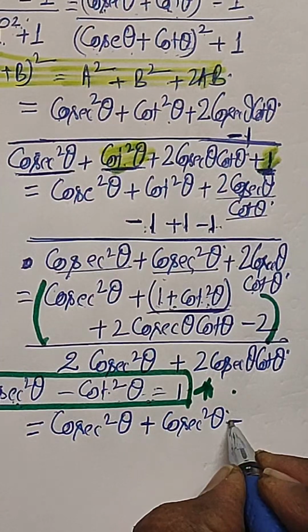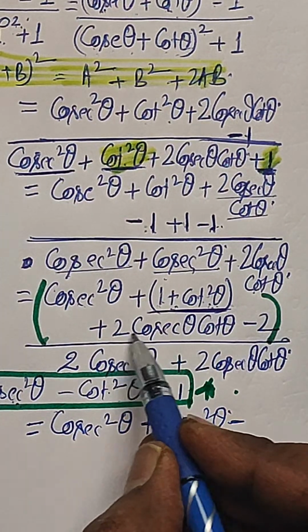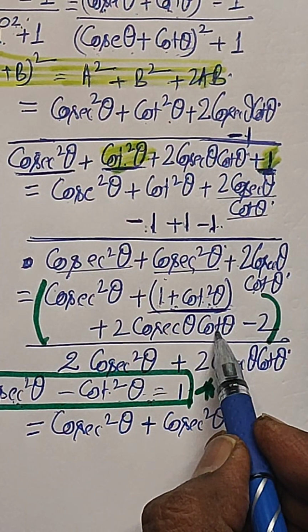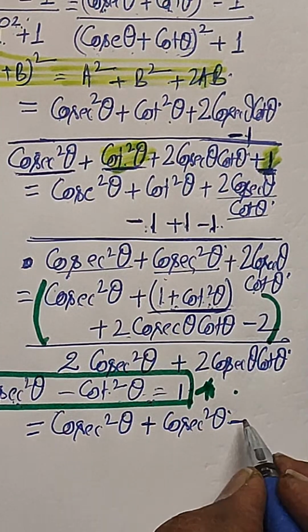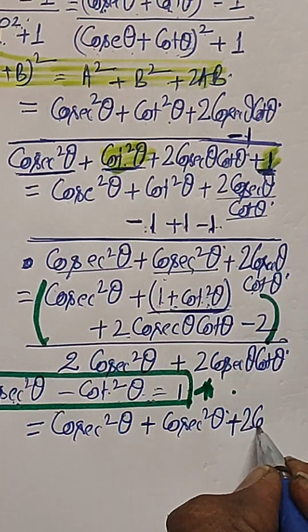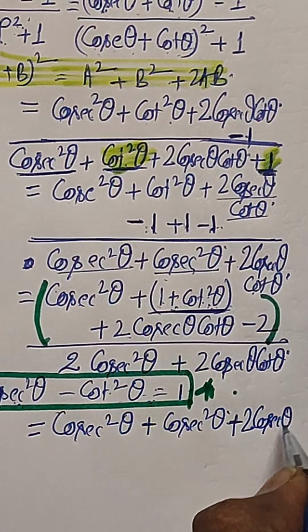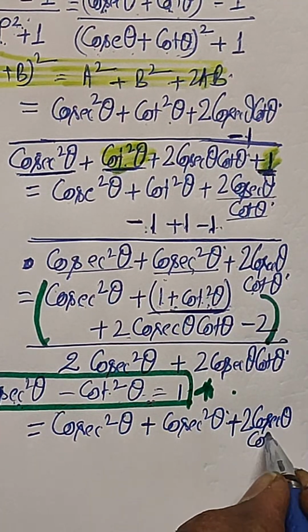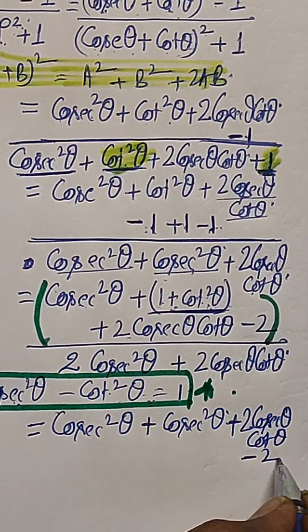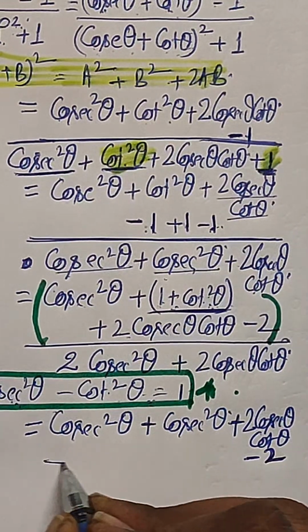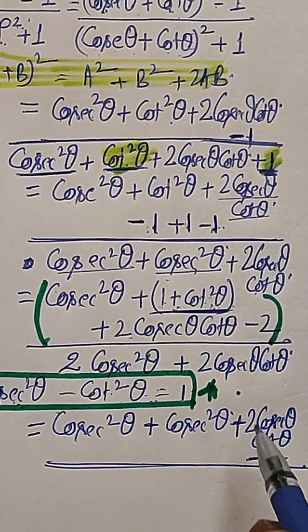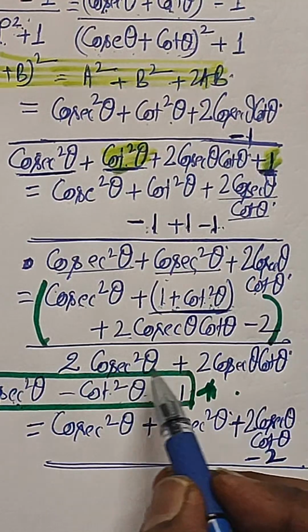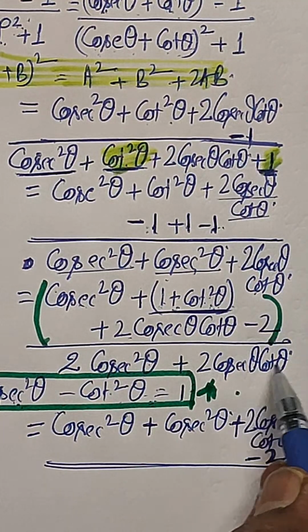Plus 2 cosec theta cot theta, here 2 cosec theta cot theta minus 2, right? And into the denominator, we have, here you can see 2 cosec square theta plus 2 cosec theta cot theta.